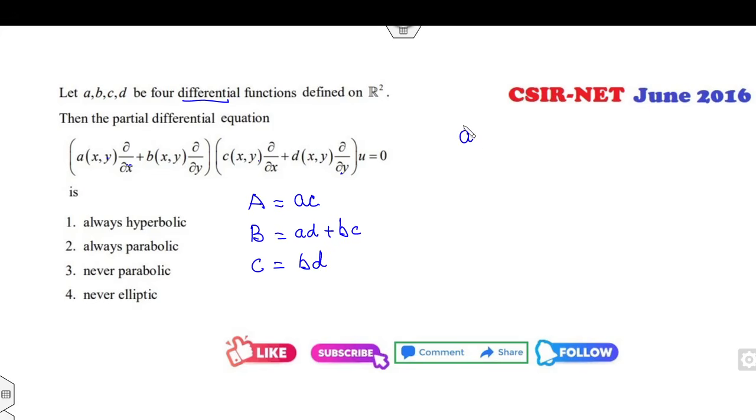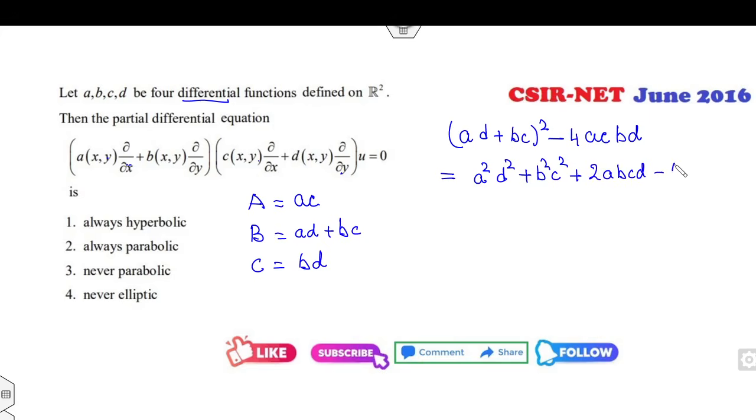Then what is the B square minus 4AC? If you open this bracket, it is A square D square plus B square C square plus 2ABCD minus 4ABCD, and I can see it is (AD minus BC) whole square.